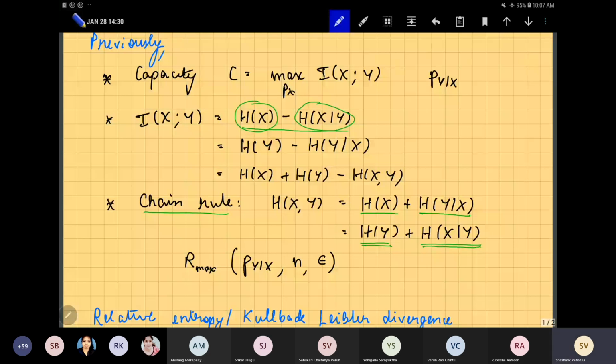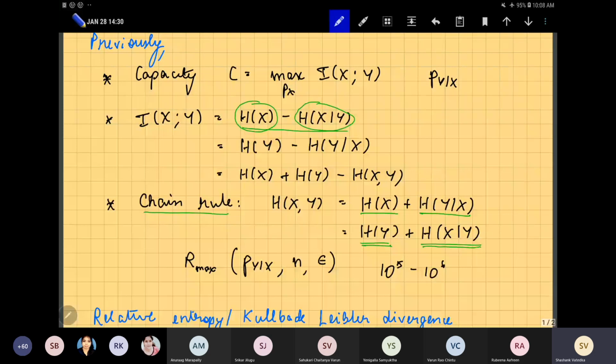Now what happens in practice? In practice, if you look at, say, voice communication or standard data communication, you basically communicate in blocks. So you basically transmit a frame of roughly 10^5 to 10^6 bits. So what is 10^6 bits? It's roughly 1 megabyte, right?